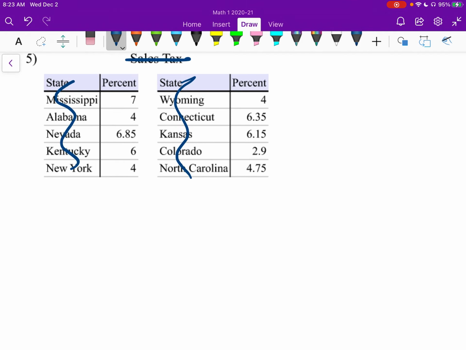I'll start off with, I think, 2.9. And what's next? I guess 4. And I have 1, 2, 3 4s. So 4, 4, 4. And then I'll have 4.75.